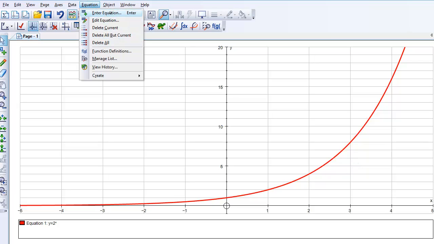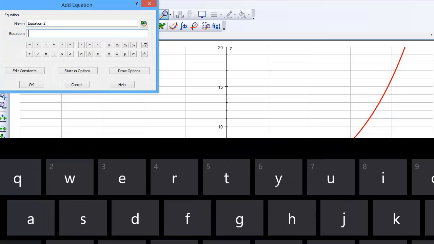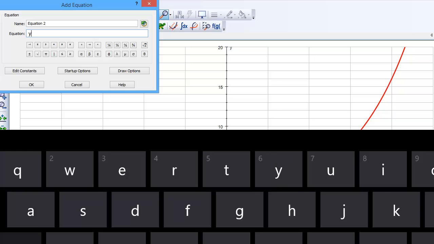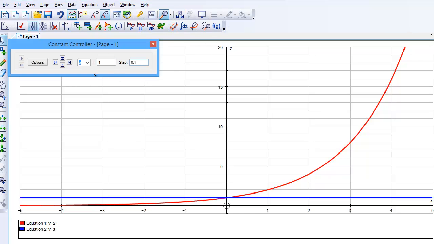Now, if I now put in that y is equal to a to the x, at the moment it's got a straight line because that's 1 to the x, and of course 1 to any power at all is just 1. But I put in a to the x so that I can actually change the value of a, and you can see here that I've got a constant controller.